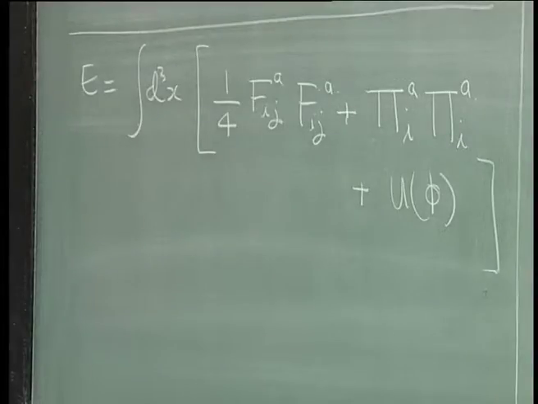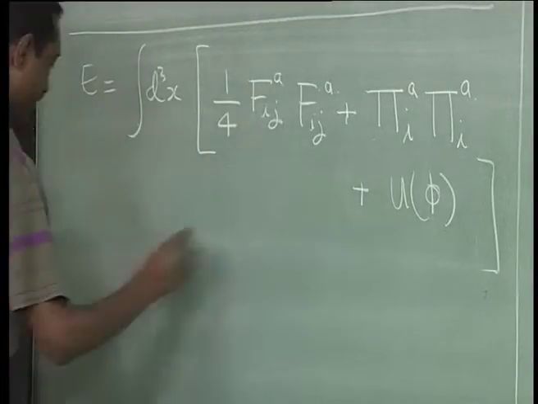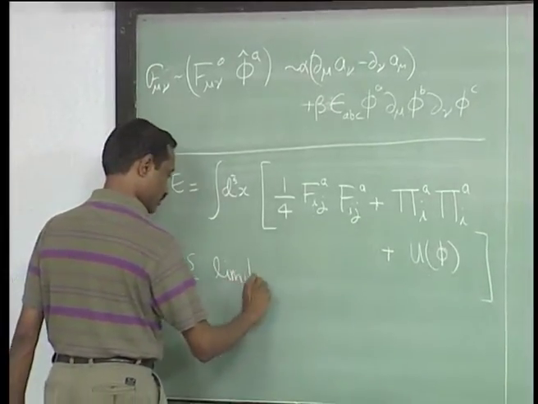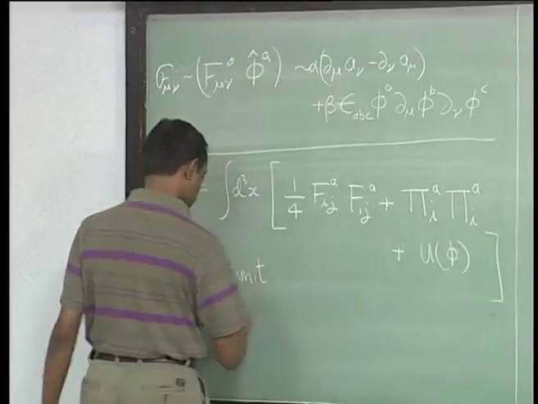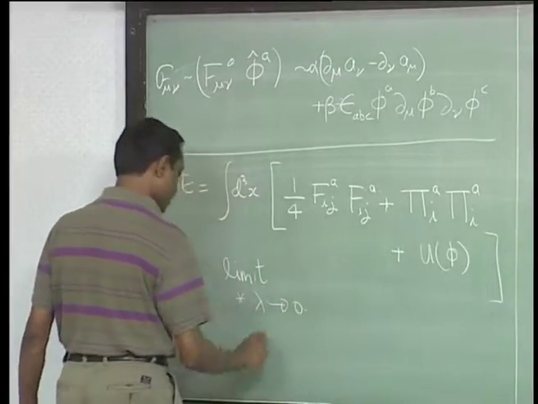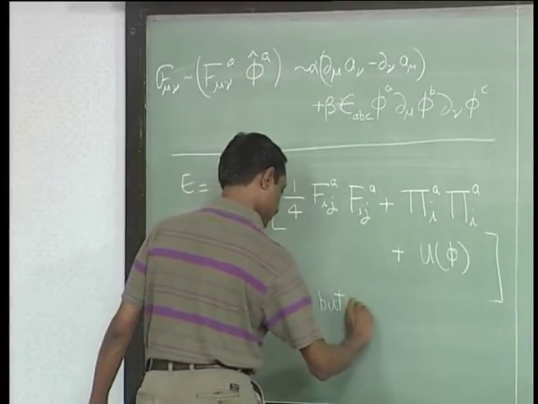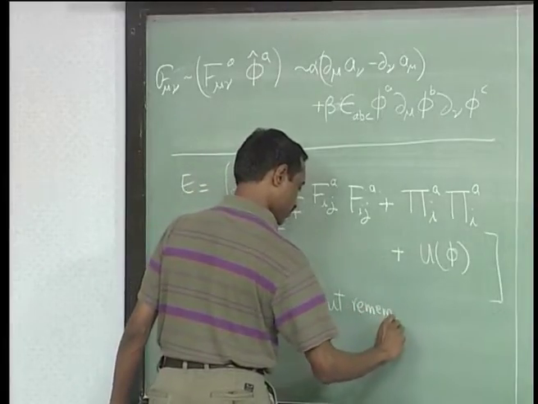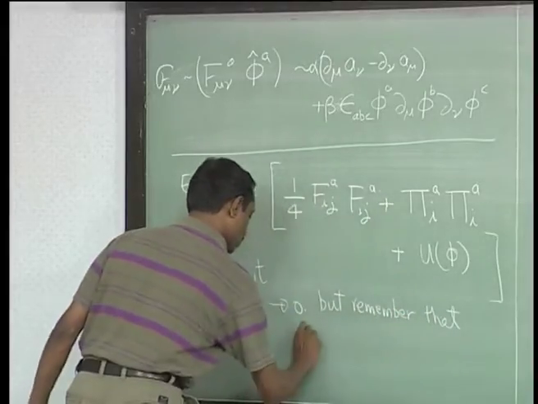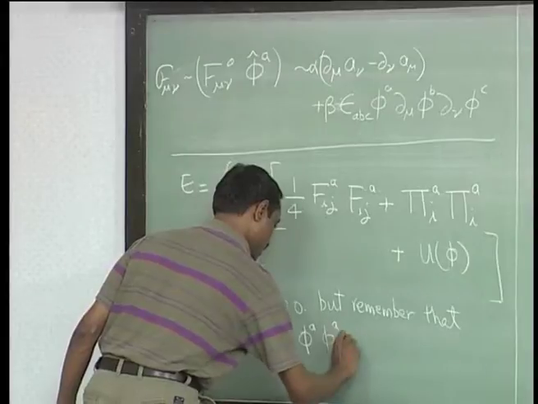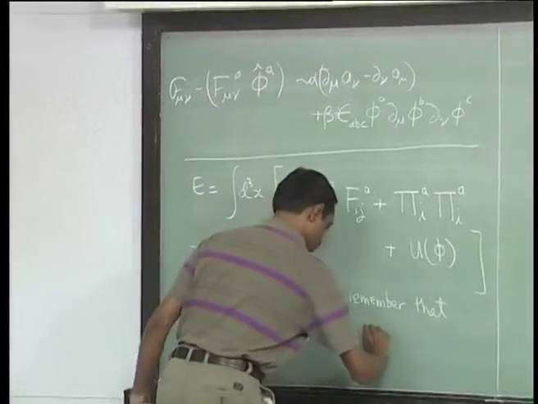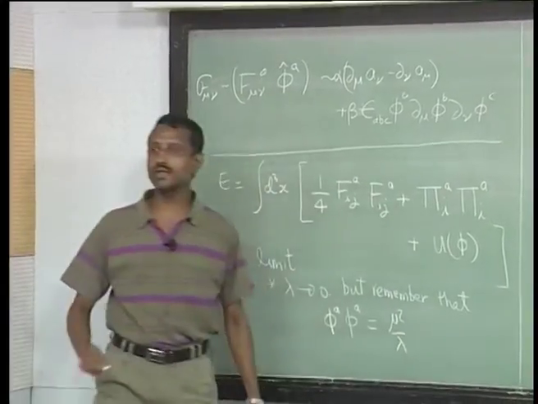And the interesting thing is that the Prasad-Sommerfield limit effectively said that the PS limit says forget about U of phi, or take lambda to 0, but remember that we need to impose phi^a should be equal to mu squared upon lambda. Are there any questions?